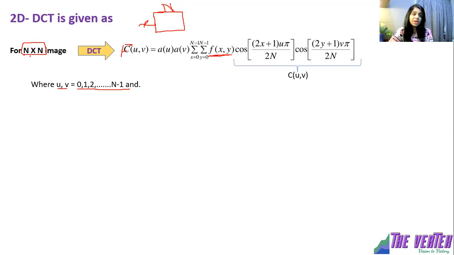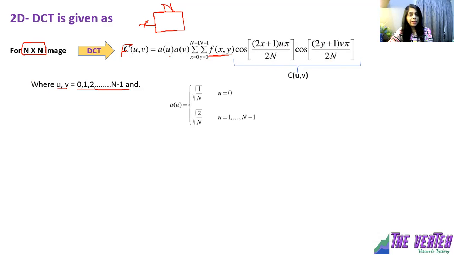That means if the image size is 4 by 4, then u, v, x and y will vary from 0 to 3. If the image size is 8 by 8, then u, v, x and y all will vary from 0 to 7.